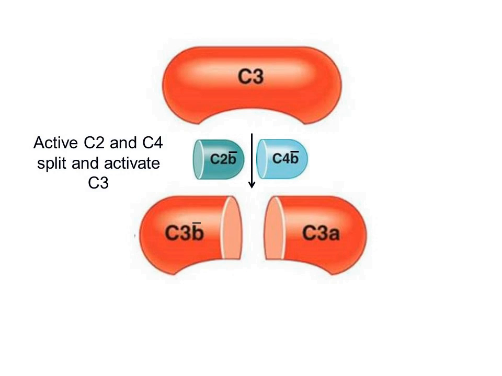So C3 will be converted into inactive C3a and active C3b by C2b and C4b, and then the rest of the pathway will be same as in case of classic complement cascade.